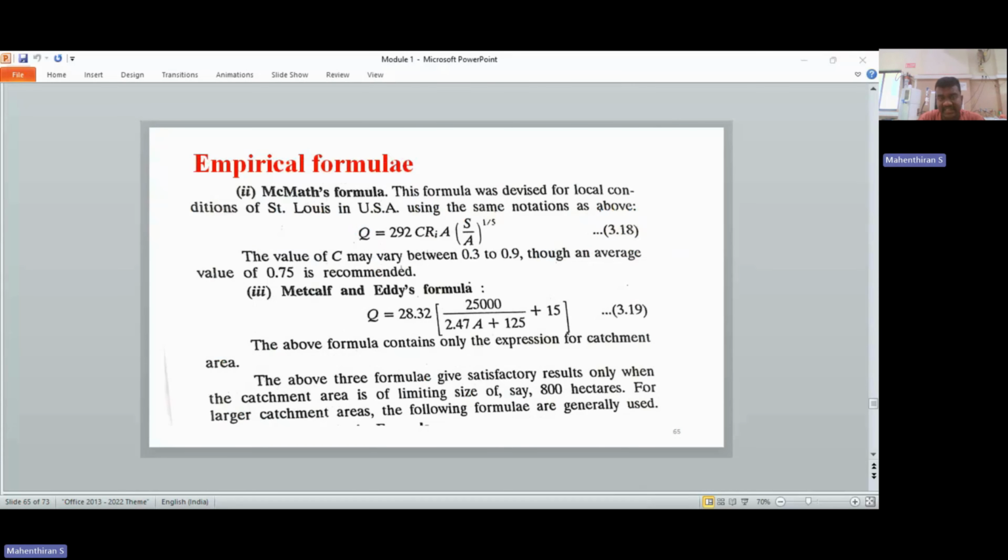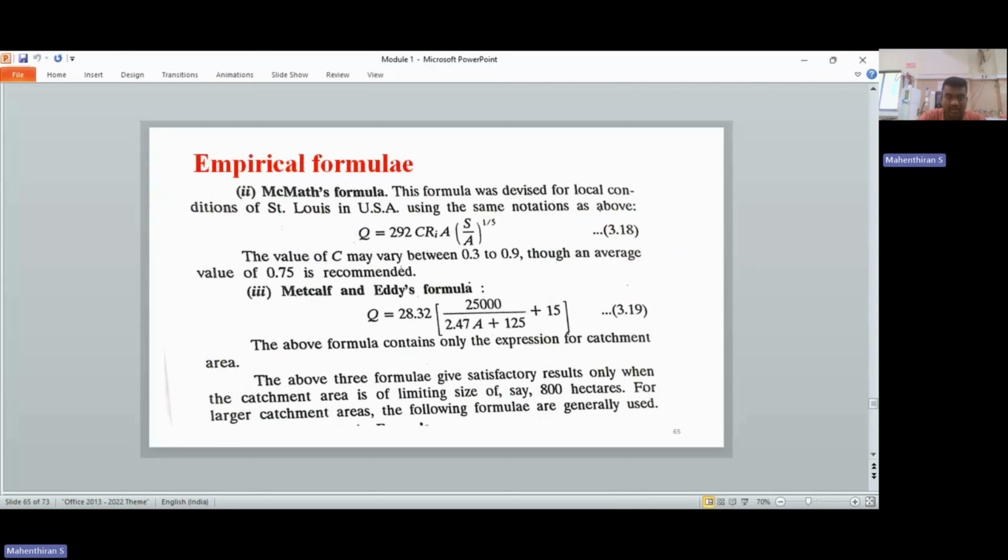However, and this cannot be stressed enough, empirical formulas are local in nature. Each formula was developed for specific geographic and climatic conditions. Using a formula outside its intended conditions can lead to errors in the calculation.